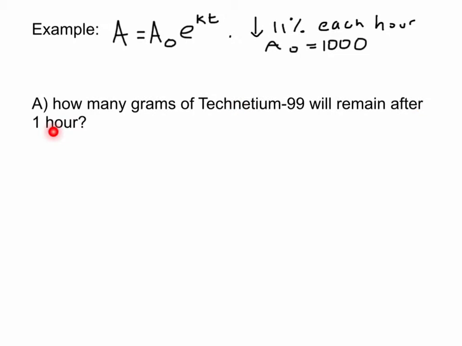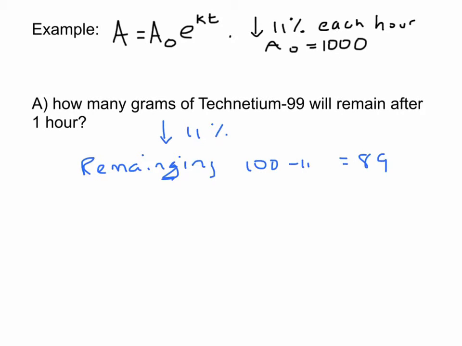Well, if you know it's reducing by 11%, that means the amount remaining is 100% take away 11%, which is 89%. We'll put the percentages in.